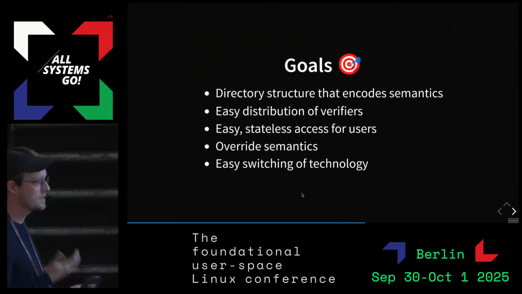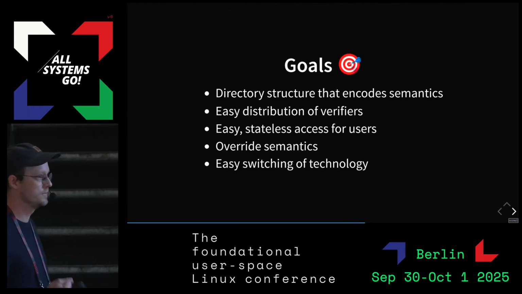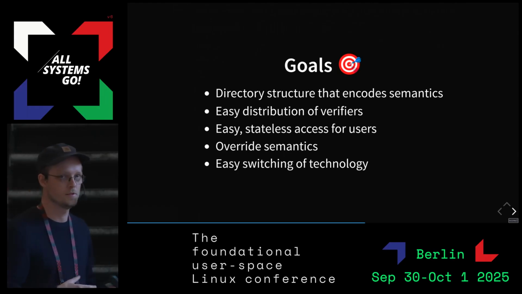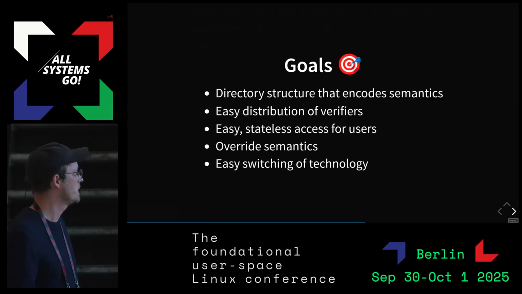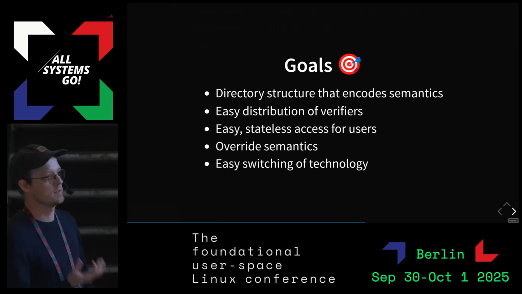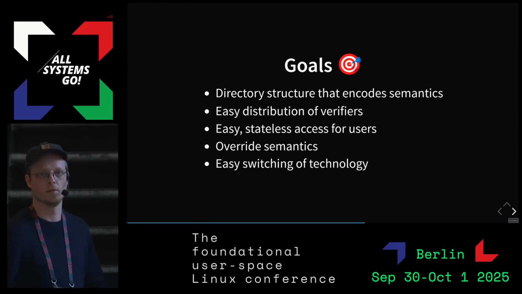So to sum it up, the goals here are really to figure out similarities between technologies, and to have something that we can easily adapt to, by making available a directory structure that just encodes the semantics of what you're using the verifier for.